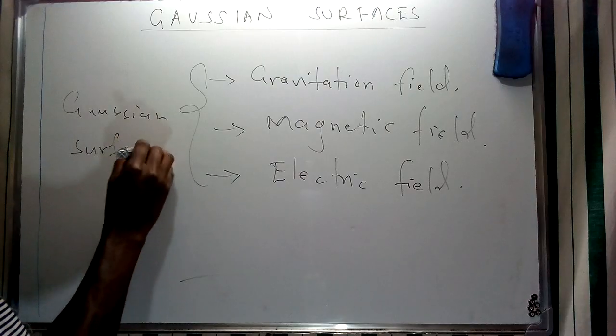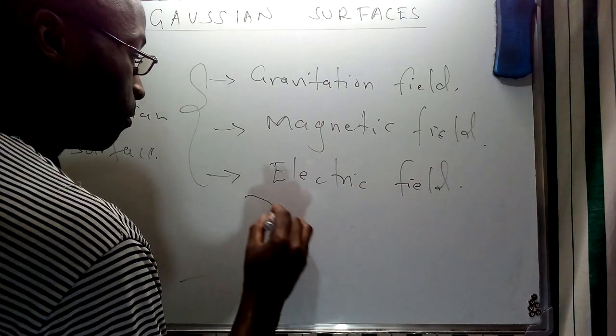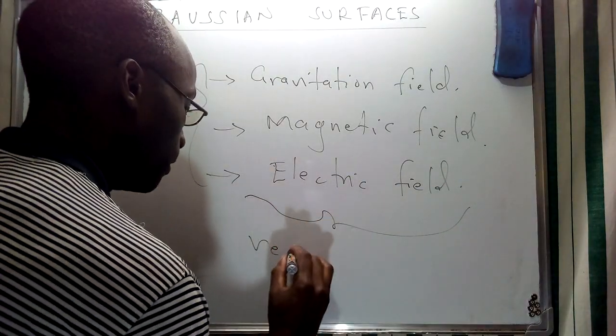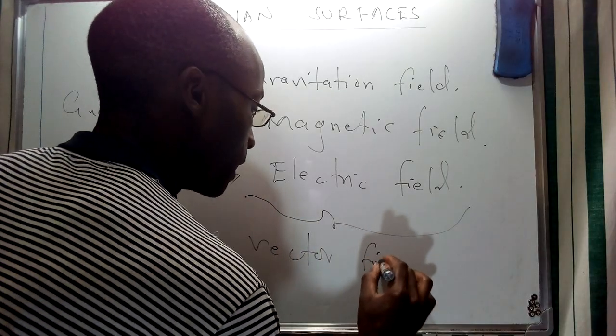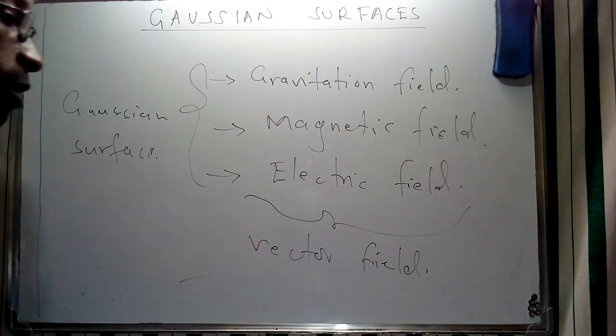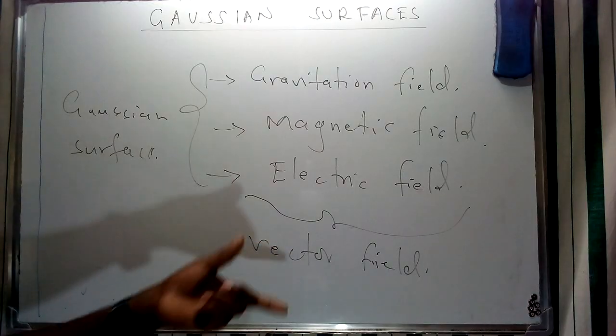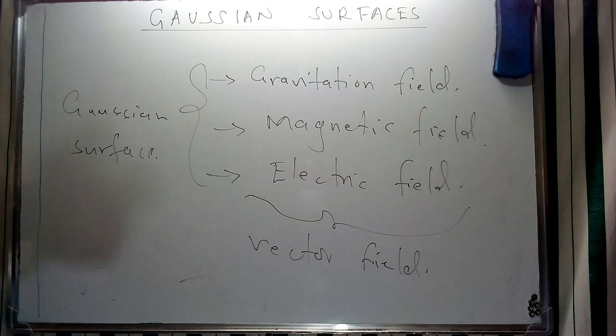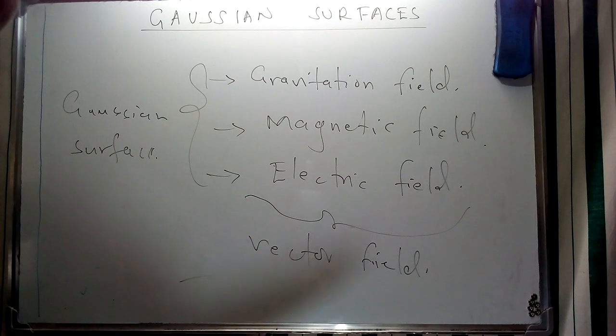As we mentioned, these are vector fields, which have magnitude and direction. Our illustration will emphasize the direction and the magnitude of these electric, magnetic, and gravitational fields respectively.